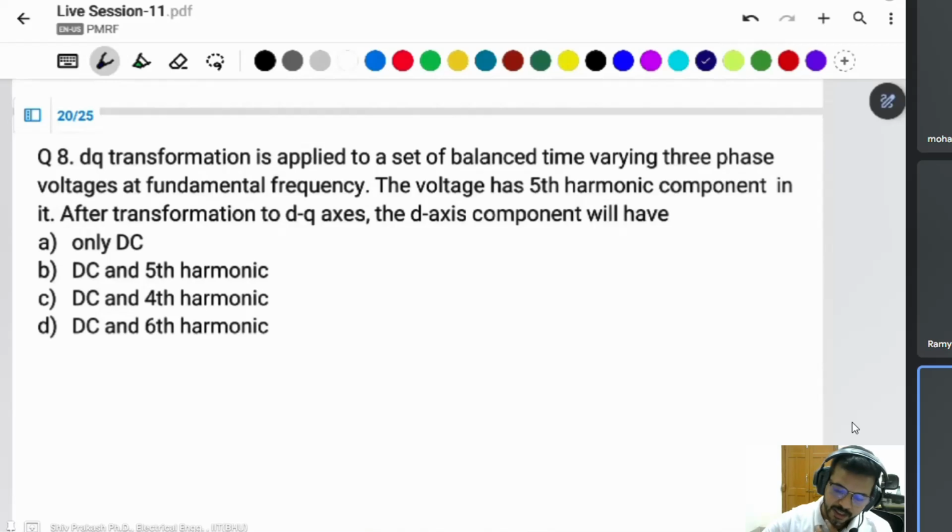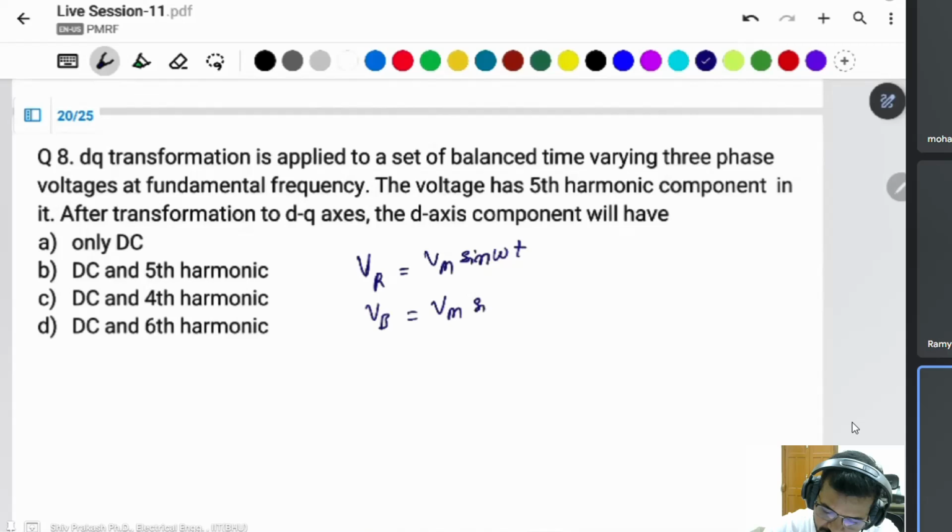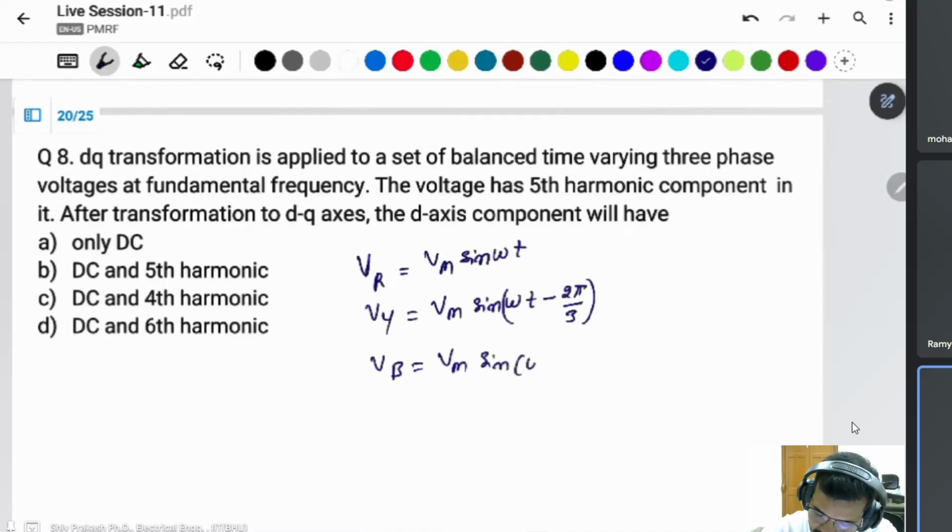Same thing. First find a set of three-phase balanced voltages, like VR is equal to Vm sin omega t, Vy is Vm sin omega t minus 2 pi by 3, oh sorry, and Vb is Vm sin omega t plus 2 pi by 3.